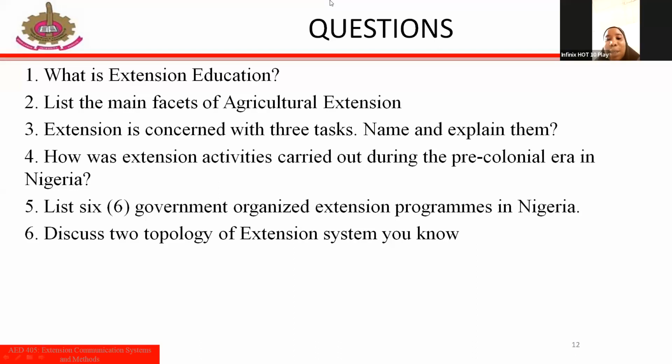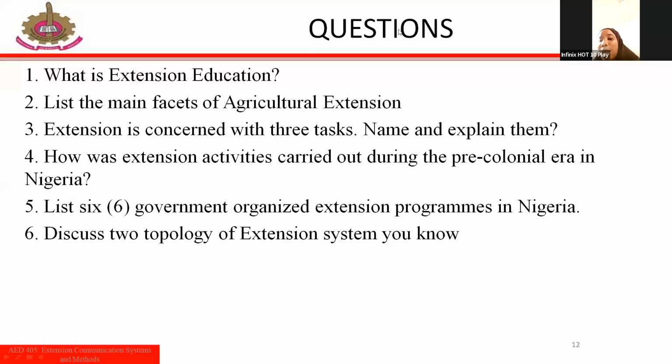Extension is concerned with 3 tasks. Number 1, helping people to use the information in order to help themselves. The second one is the practical application of such knowledge to farm and home situations.